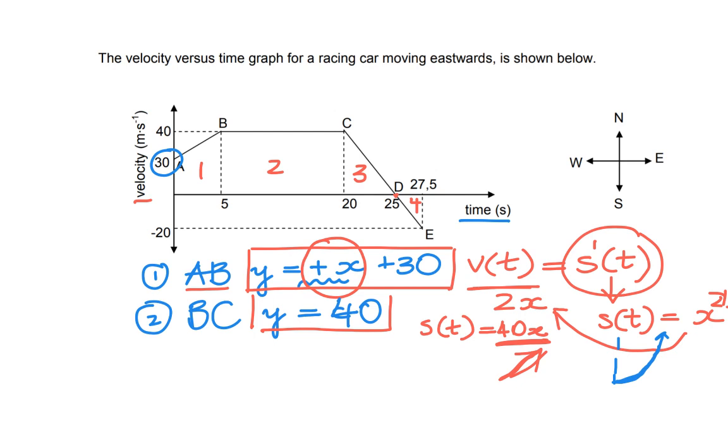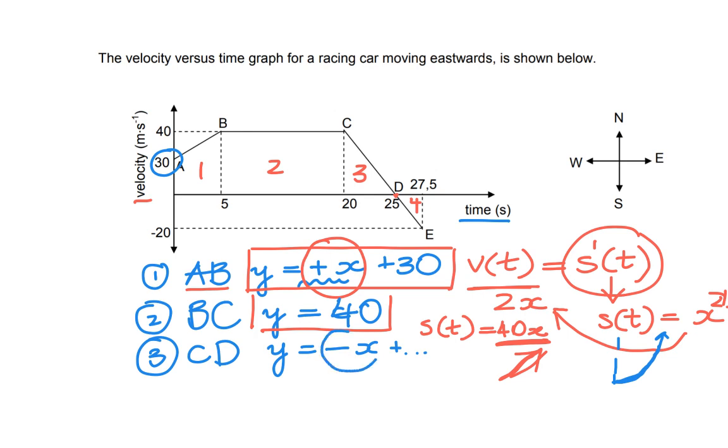Section C to D, section 3. In this section, you are dealing with a straight line that has a negative gradient, plus some constant.